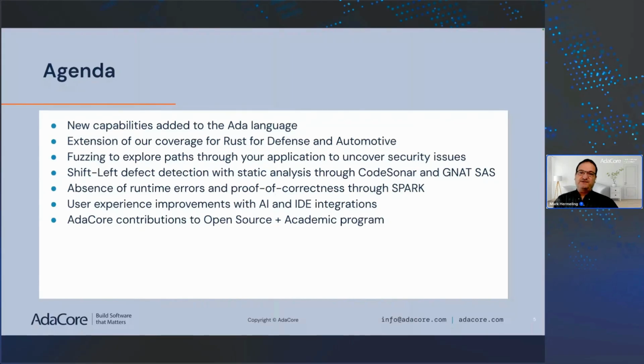It helps you shift left defect detection with static analysis, so we'll spend some time and a demonstration on this as well. Spark, which is Ada with formal methods added into it. Spark is a subset of Ada, and helps you prove the absence of runtime errors and proof of correctness. Some great features there that help you take in those formal methods. And then user experience improvements with AI and IDE integrations.